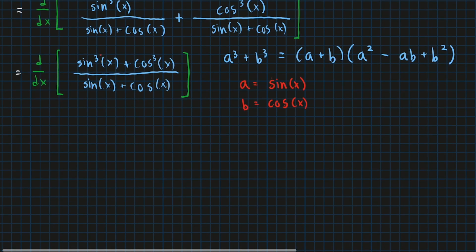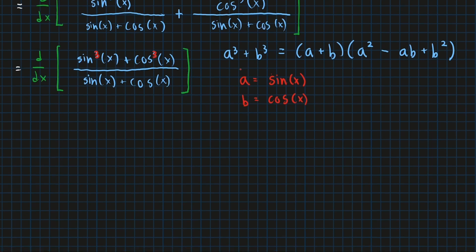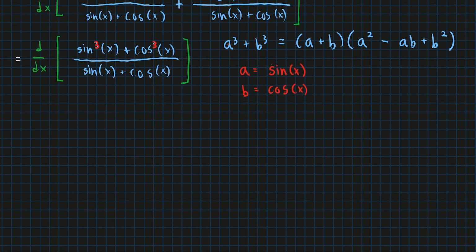So what do we have here? We have sine cubed plus cosine cubed of x. So we can just put this, which is an a cubed plus b cubed form, into this form, which is a plus b times a squared minus ab plus b squared. Why does that help? Well, here we have a plus b, right? Sine x plus cos x. So we can do some canceling.